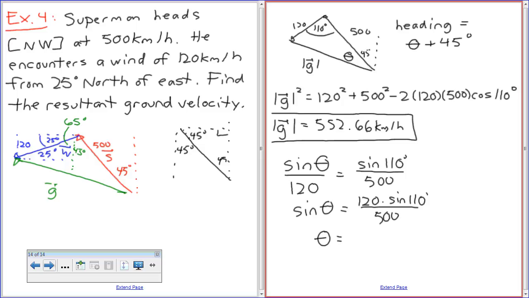Alex? 11.8, I'll call that. Wait a sec, is that right? Did I get the angles messed up again here? 110 should be opposite 552.7. See, I'm just not on that pilot, sorry. Is it still 11.8?